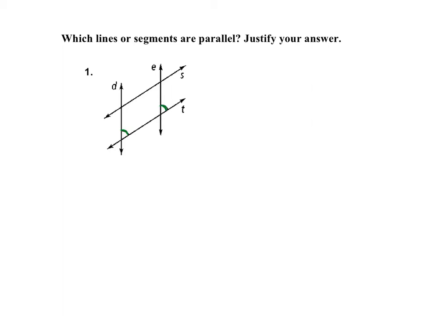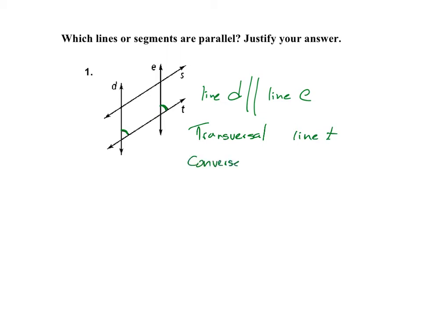So those two angles are corresponding angles, so that means that line D is parallel to line E, and my transversal is line T, and this is by the converse of corresponding angles.